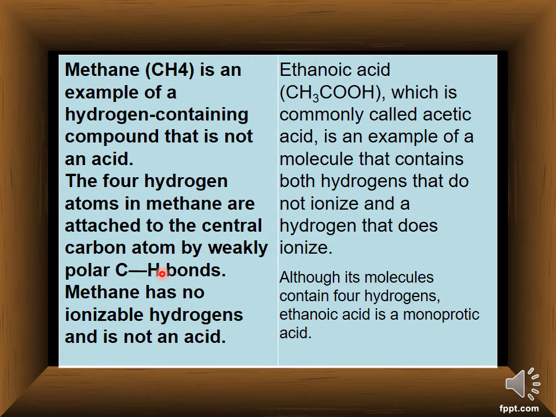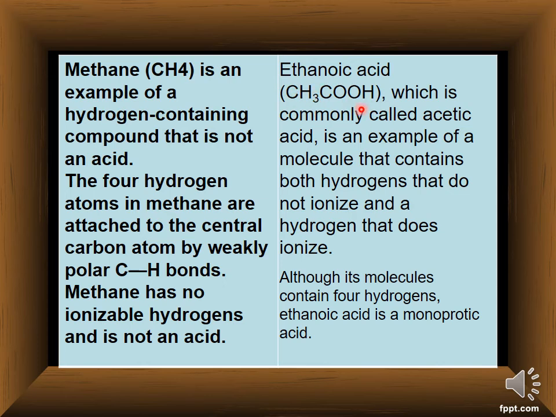Now vice versa here in ethanoic acid. Ethanoic acid contains 3 hydrogens here and 1 hydrogen here. These 3 hydrogens we can say are non-polar, with no polarity or very weak polarity. It cannot donate a hydrogen ion from this side.